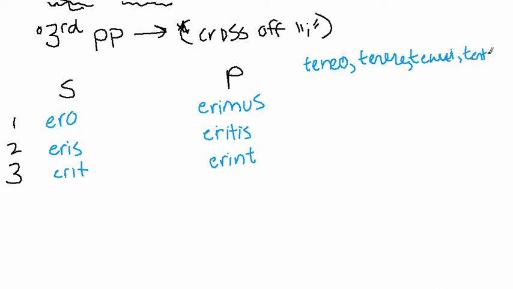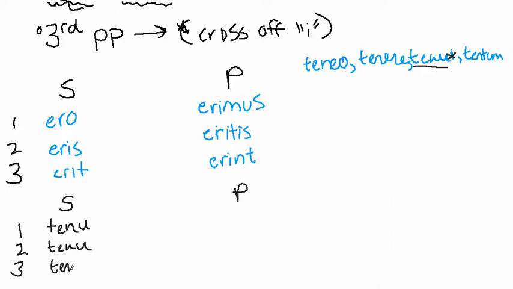And it means to hold. But first of all, we go ahead and we look to our third principal part. We cross off the I and we're left with tenu. And so what we're going to do is make our chart and put our stem in every space. Tenu.